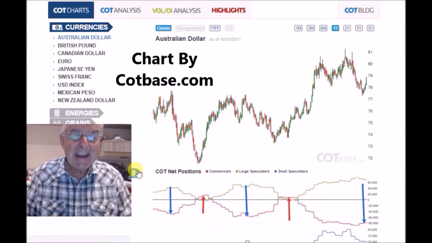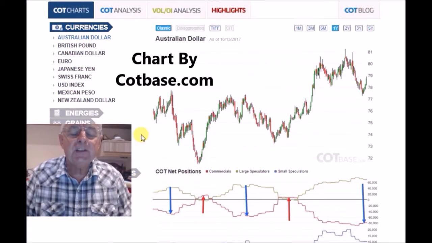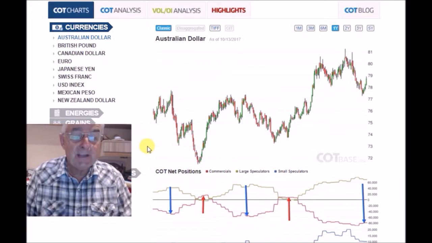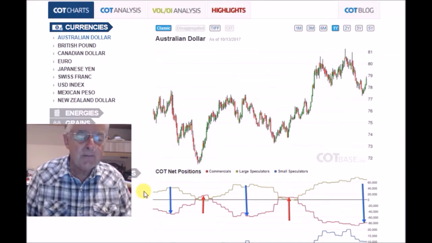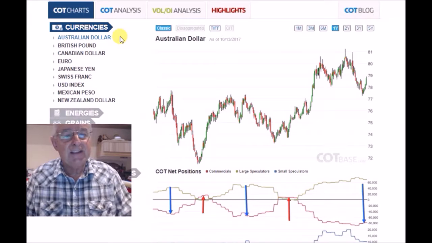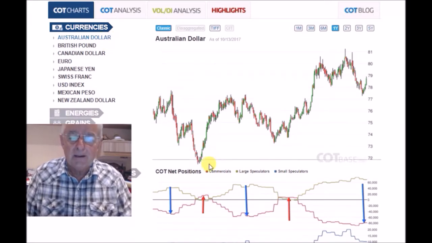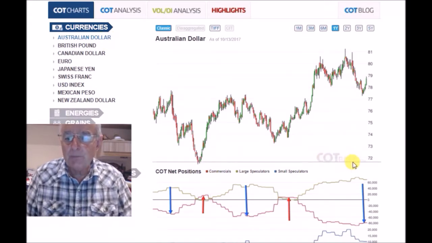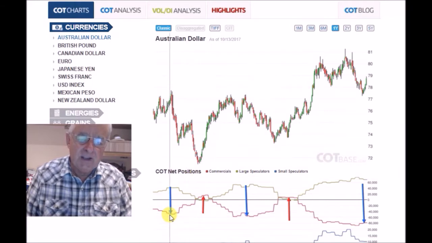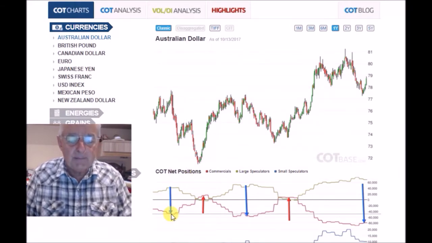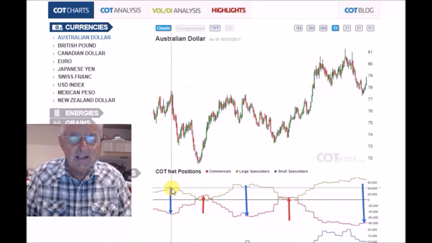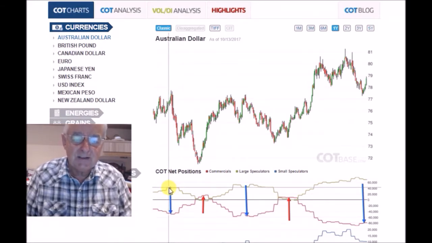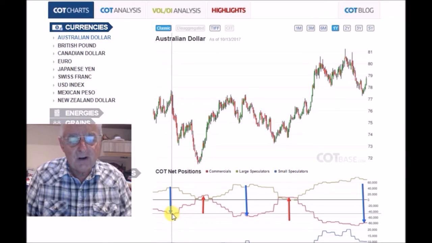Here we have a graph of the positions over 52 weeks, that's a year, for the commercials and non-commercials. This is for the Australian dollar, and the chart is produced by cotbase.com. You can see where we got to a low position with the commercials, completely opposite to the speculators, who had a long position, so we're short.